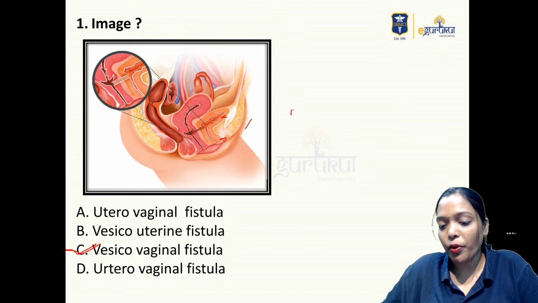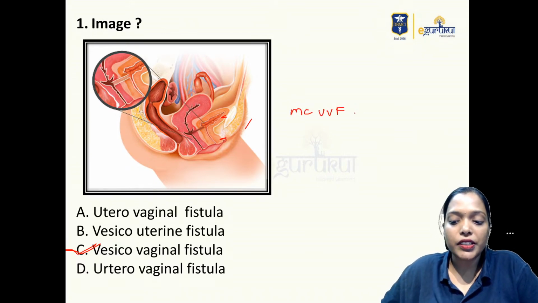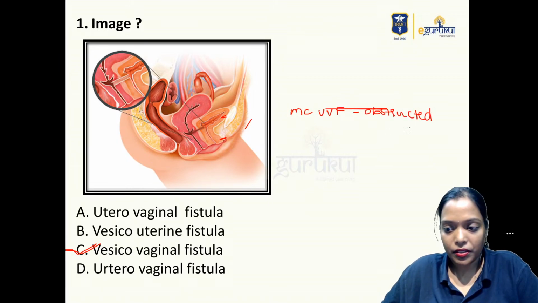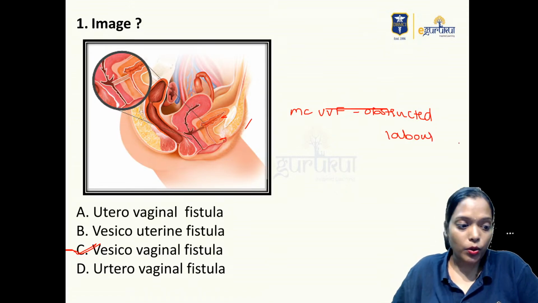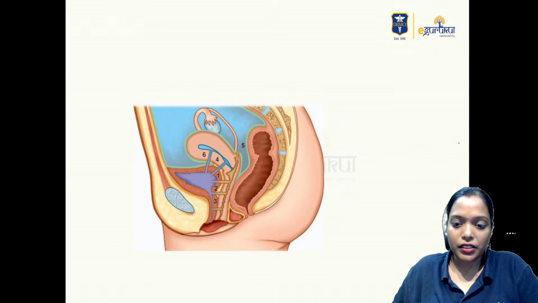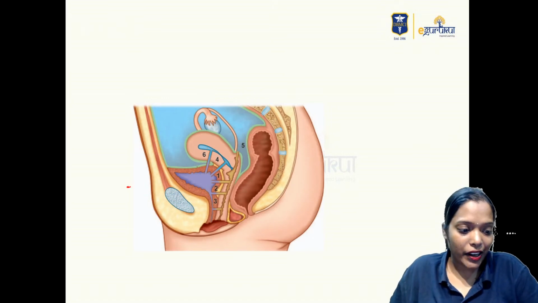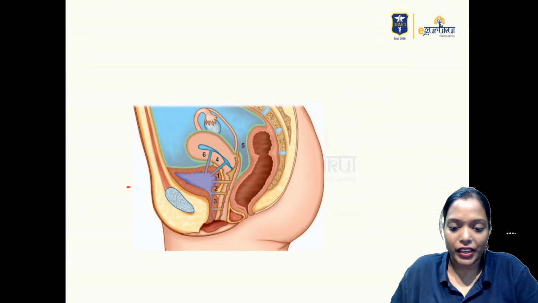And another two important points regarding vesico-vaginal fistula. Most common cause of vesico-vaginal fistula in India is obstructed labor. And most common cause of VVF in developed countries is post-hysterectomy, right? Depending on where the connection is, you have different types of fistulas.